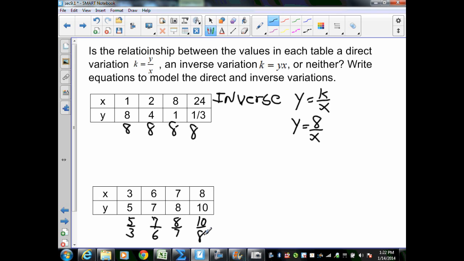And I can see that each ratio is not the same. This would be 1 2/3, 1 1/6, 1 1/7, 1 2/8. Therefore, the k values would not be the same for each. Therefore, this is neither a direct variation or an inverse variation.